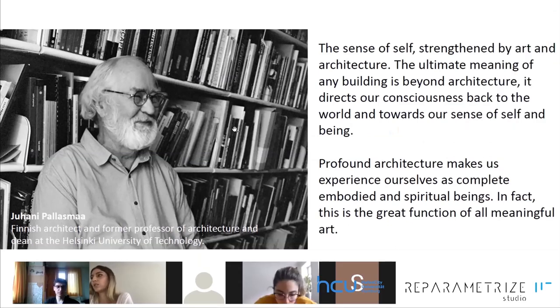So here we're talking about how architecture can reinforce our existence. It's not just designing a building. And then he adds, profound architecture makes us experience ourselves as complete embodied spiritual beings. In fact, this is the great function of all meaningful art.